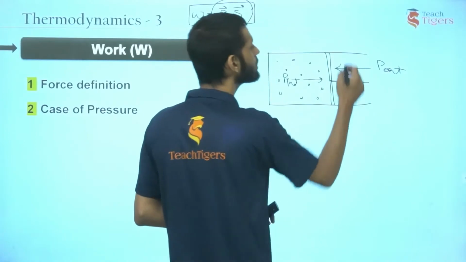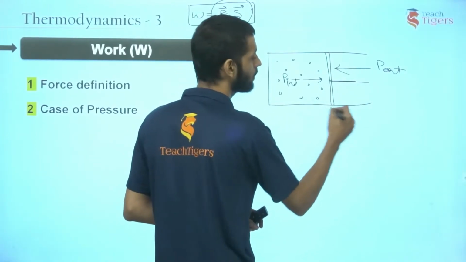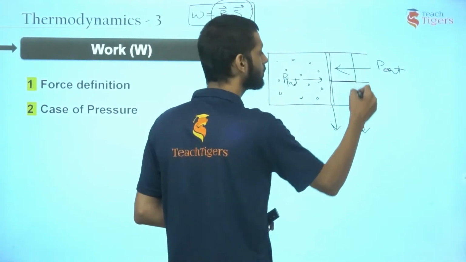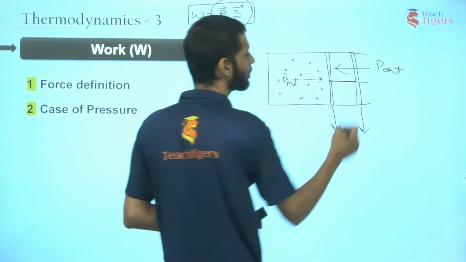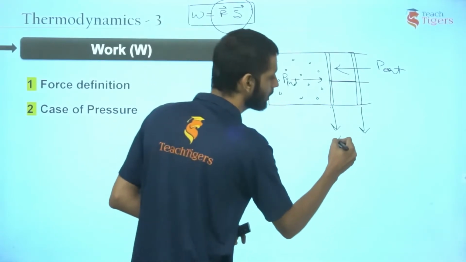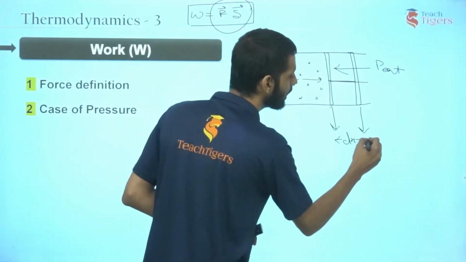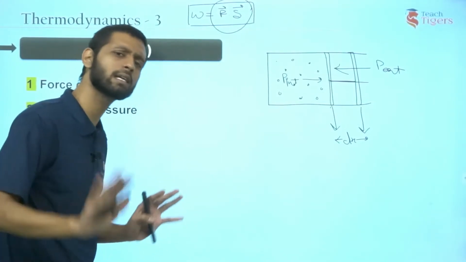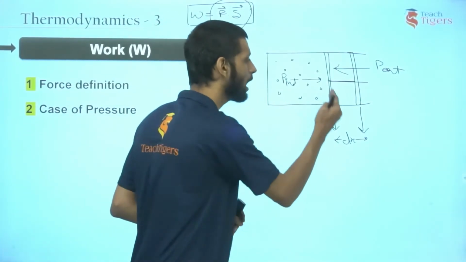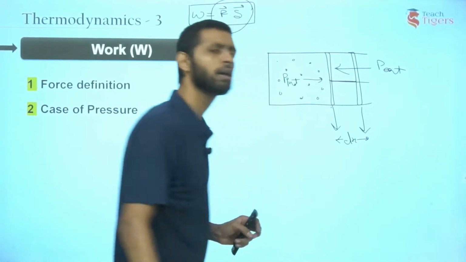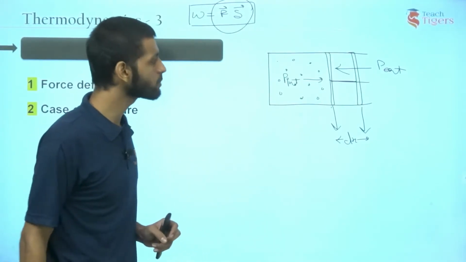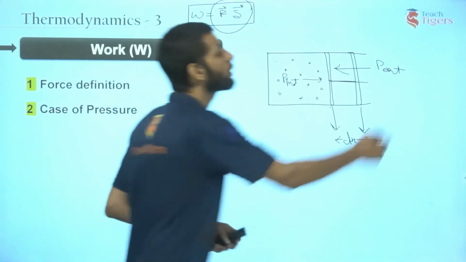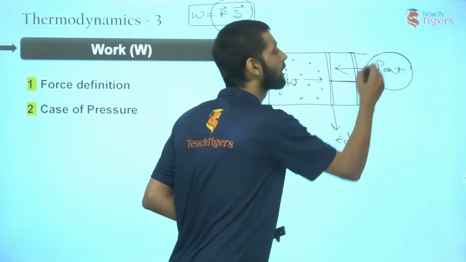Suppose this piston moved from this point to this point, from x to x plus dx. The distance between them I'm going to write as dx. Dx means a small displacement. I moved the piston from here to here in a small displacement. What am I going against? I'm going against P external.